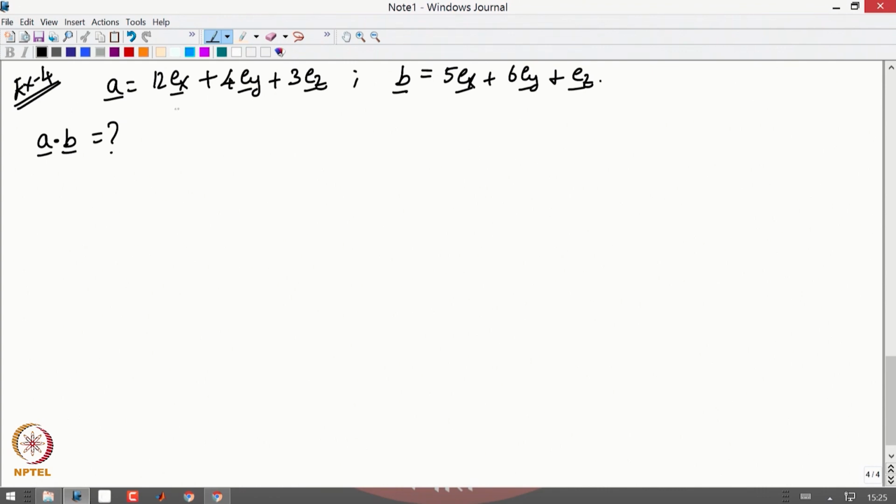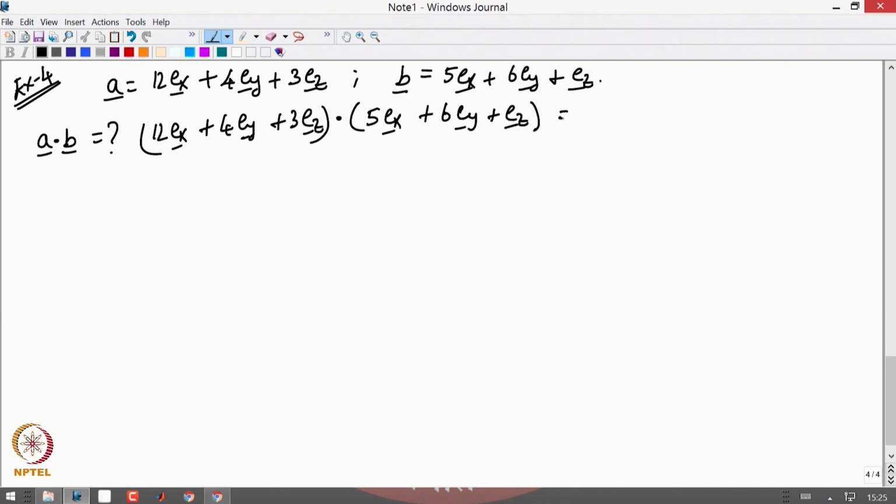Now, I have to scalar multiply 12 Ex plus 4 Ey plus 3 Ez dotted with 5 Ex plus 6 Ey plus Ez. Now, this will be 12 into 5 is 60, Ex into Ex, since Ex, Ey, Ez are orthonormal bases, dot product with itself will be 1, and Ey dot Ex or Ez dot Ex will be 0.